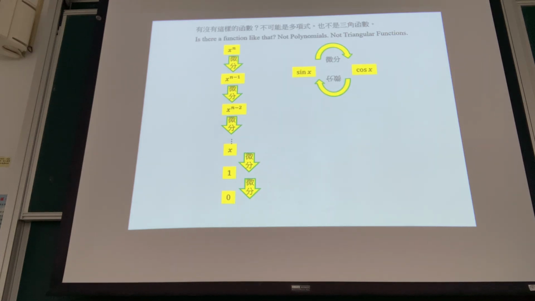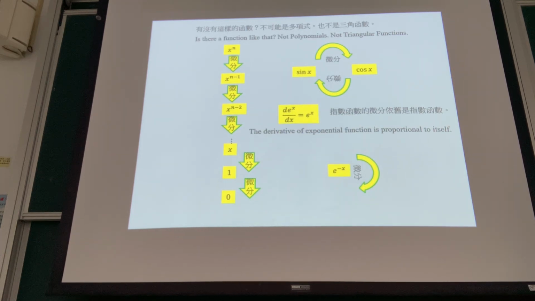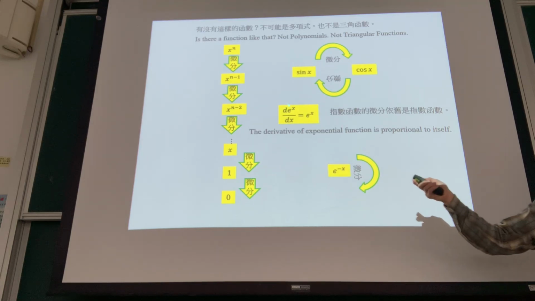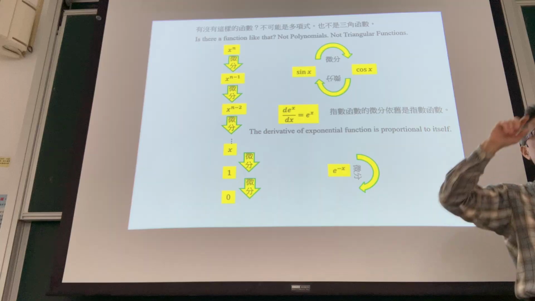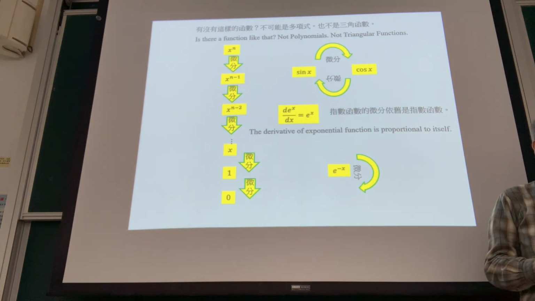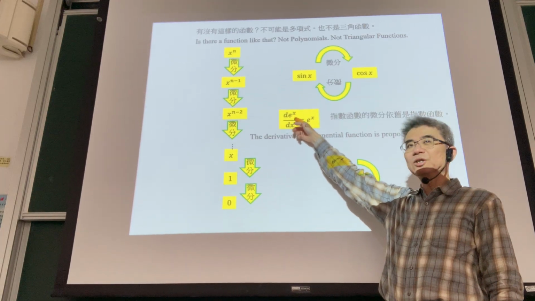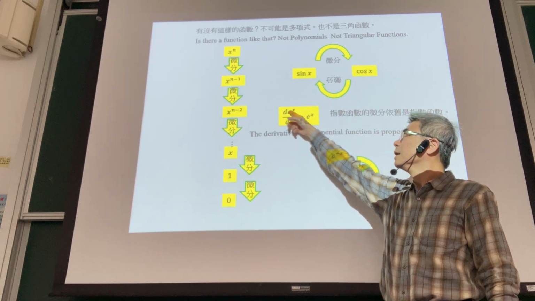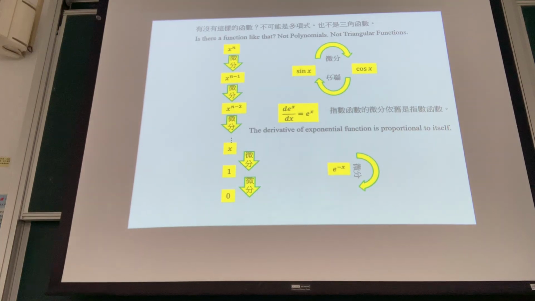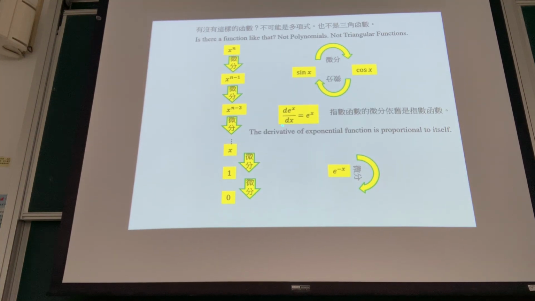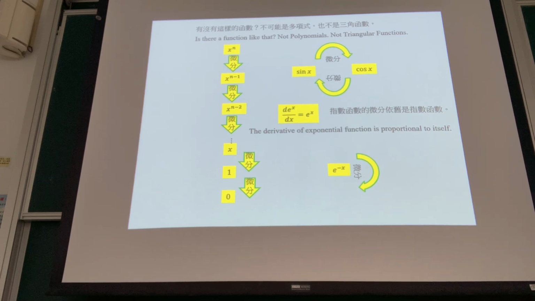However, after your calculus class, you know that there is a function that will fit the behavior you need. The exponential function. You should have learned it, right? Usually this e is the natural number, 2.718 and so on. The derivative of e to the x power is equal to itself. That's the thing that we want.